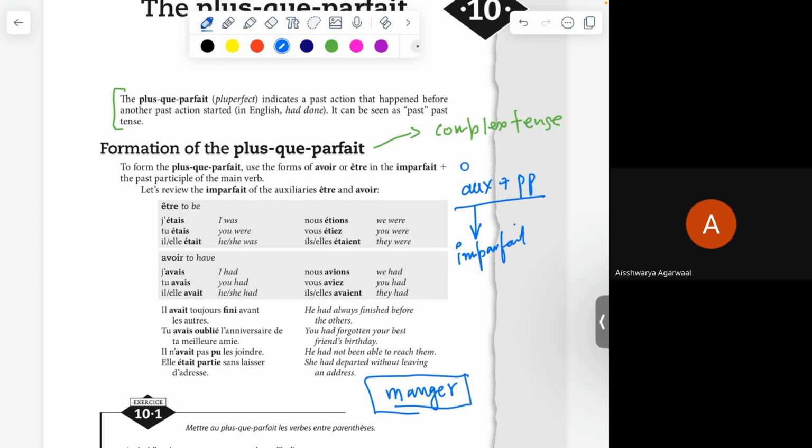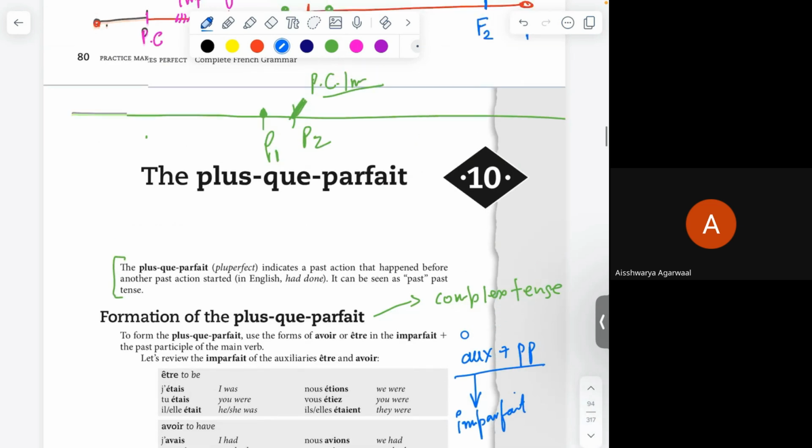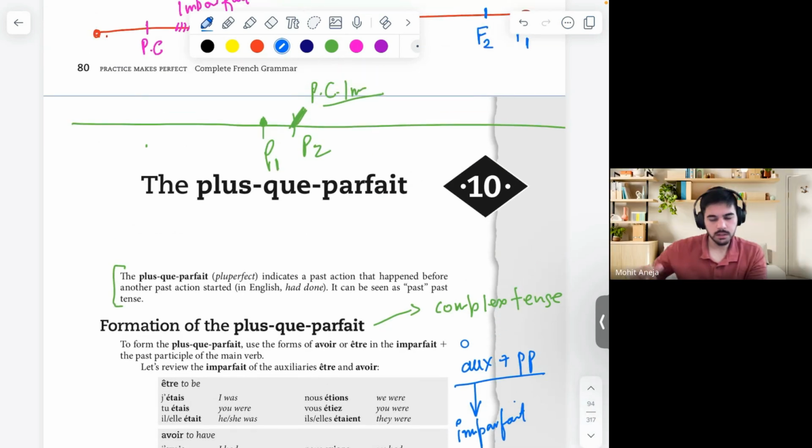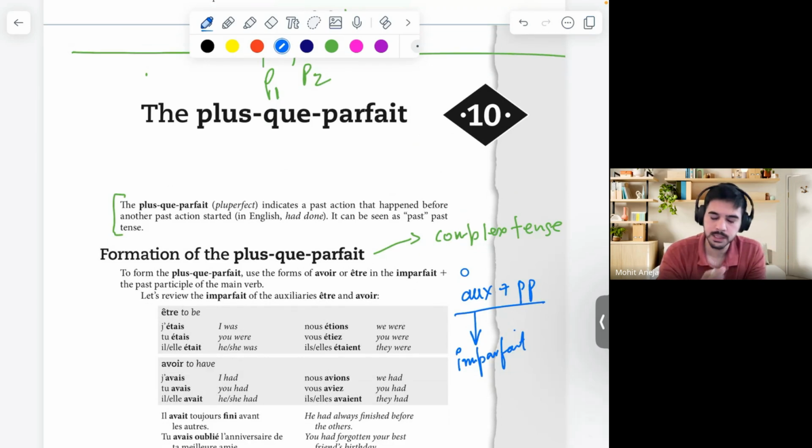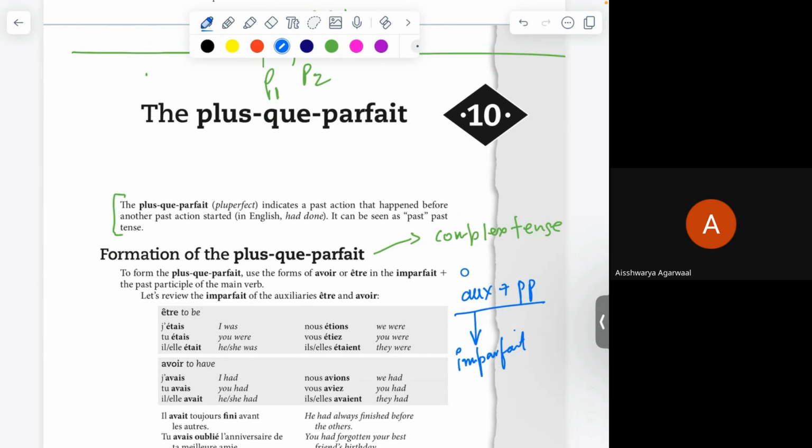So it's the subject plus auxiliary. Yes, exactly. We only have to do manger, so let's first do manger. Tell me the passé composé of manger. J'ai mangé. J'ai mangé, très bien.